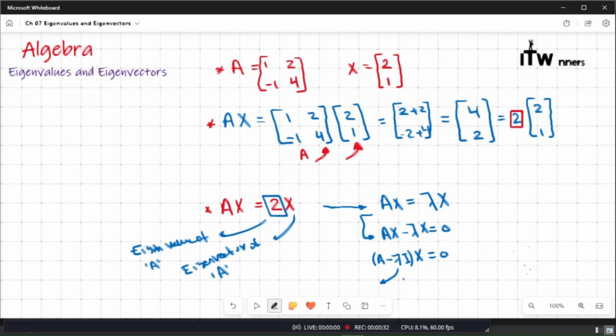So I can call lambda the eigenvalue, proper value or characteristic value of matrix A, which can represent matrix A in its operation on vectors.